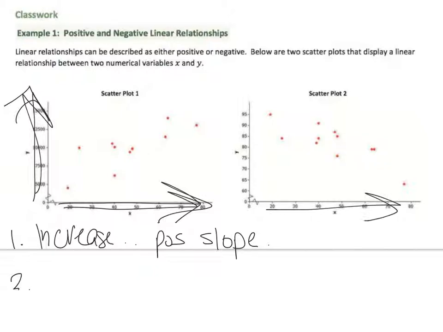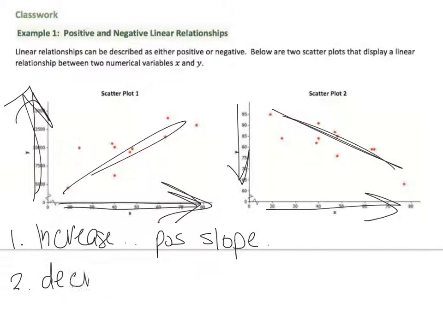That means as x increases, y decreases. It sort of goes like that. As the value of one of the variables increases, what happens to the value of the other variable? If you were to describe this relationship using a line, would the line have a positive or negative slope? So the other variable actually decreases, which gives us a negative slope.